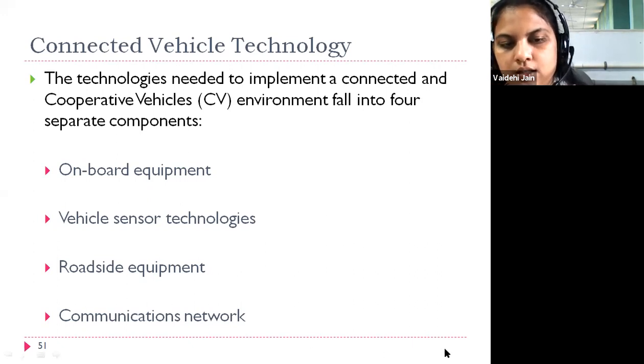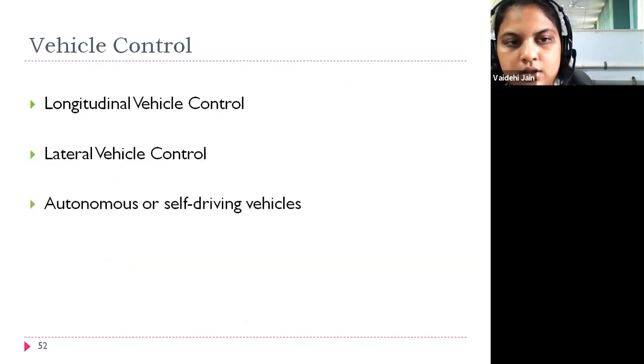The vehicle sensor technology means the vehicle can sense the other vehicles or can sense other roadside difficulties, everything. The roadside equipment has the information about the roadside infrastructure, and it gives this information to the vehicles and the communication networks. Obviously the communication network is required for connected vehicle technology. Without the communication network you cannot get the information.